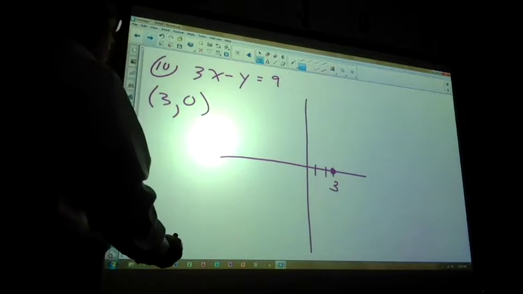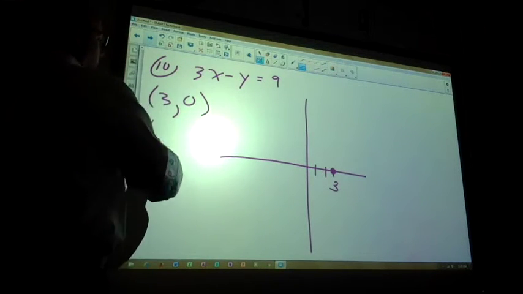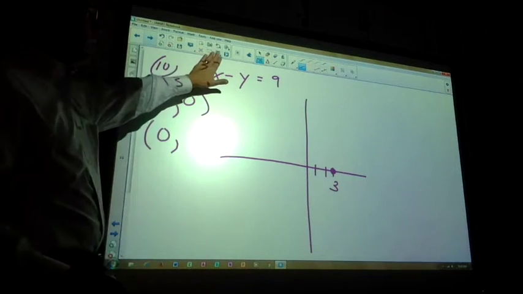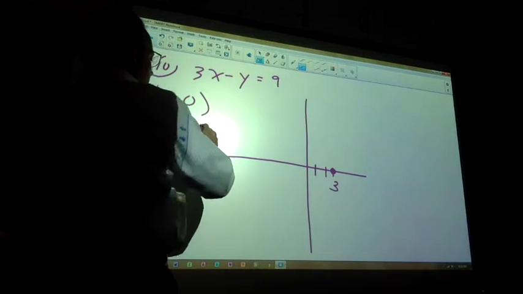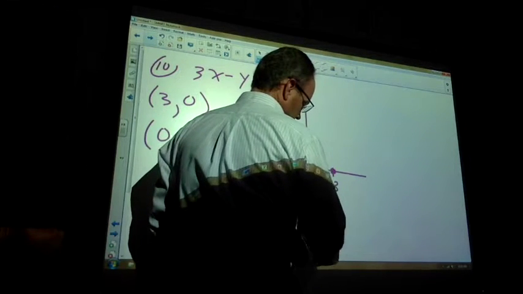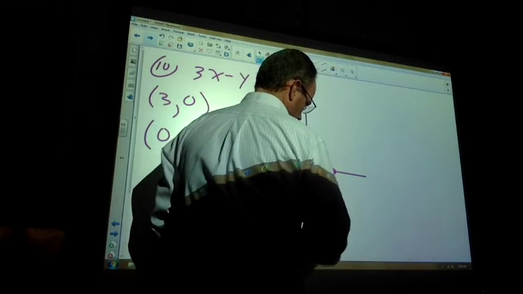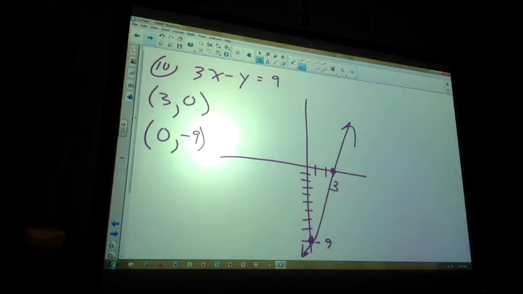If I cover my x value, that means my x value is going to be 0. So negative y equals 9, so what's y equal to? Negative 9. Cool.